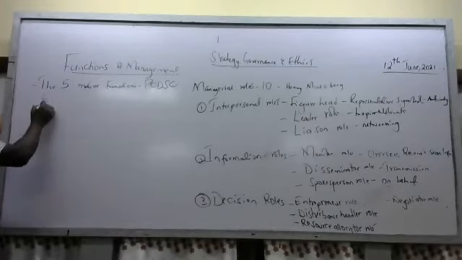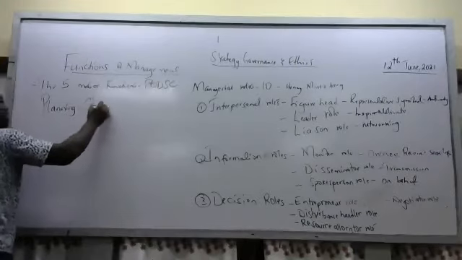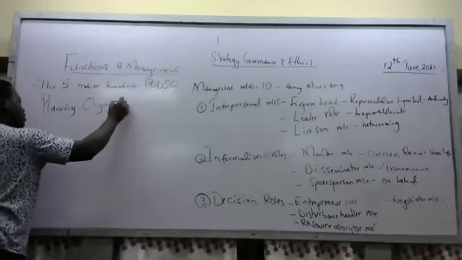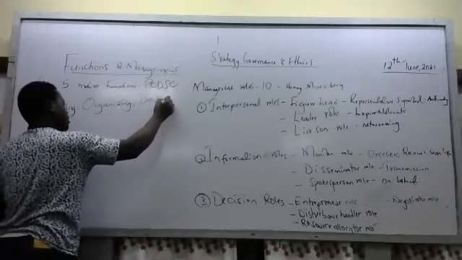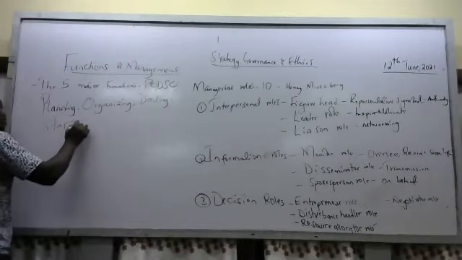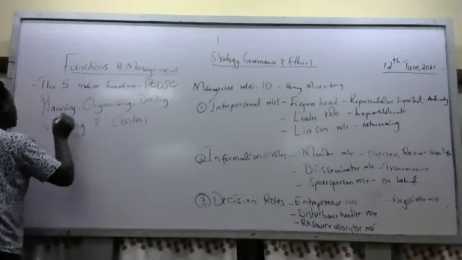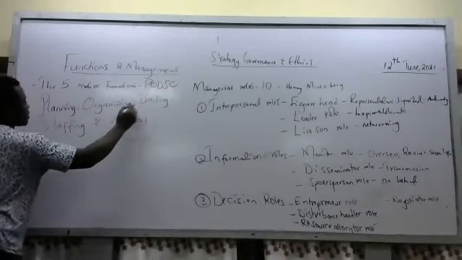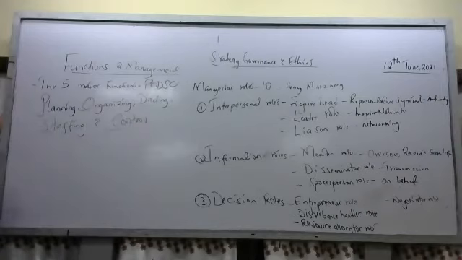That is planning, organizing, directing, staffing, and control. Those are the 5 major functions of management. And these functions follow each other in a particular order, as they are not random.